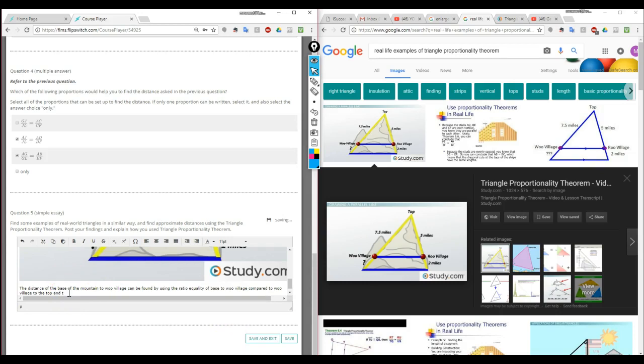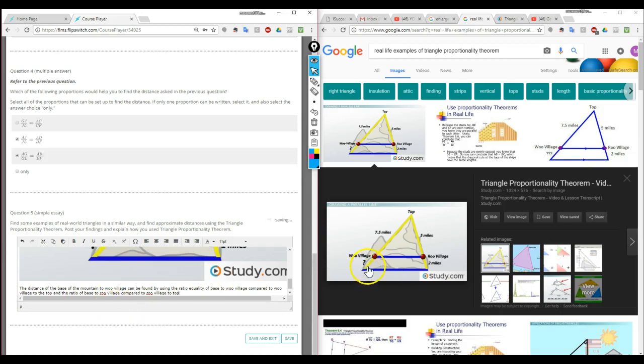And the ratio of base to Roo Village compared to Roo Village to the top.